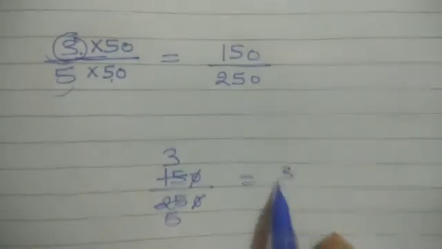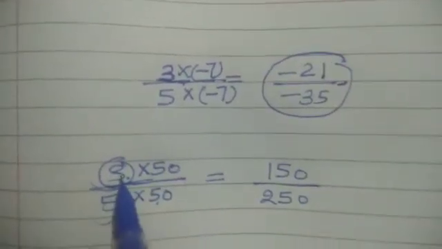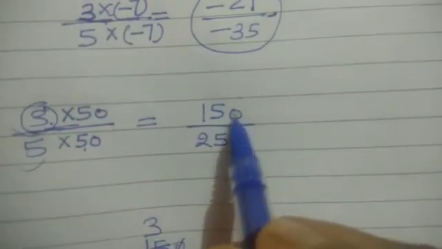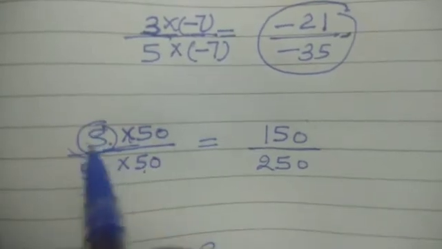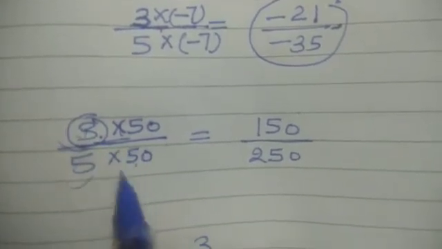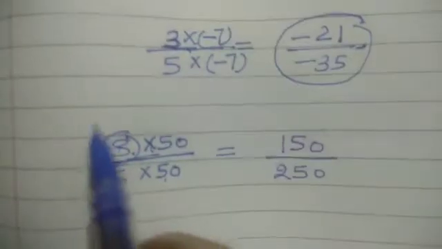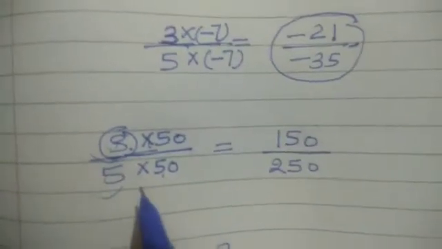Ultimately, you will get 3 by 5. But we want to express 3 by 5 with numerator 150, so you multiply by 50 in the numerator and also in the denominator. So it will never affect the value of 3 by 5.